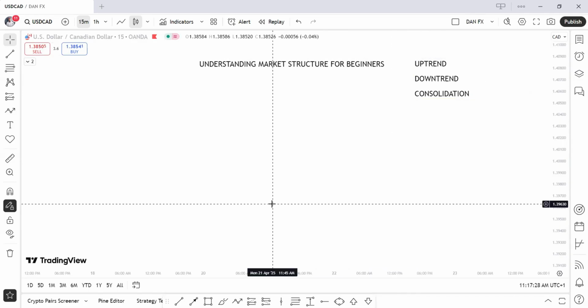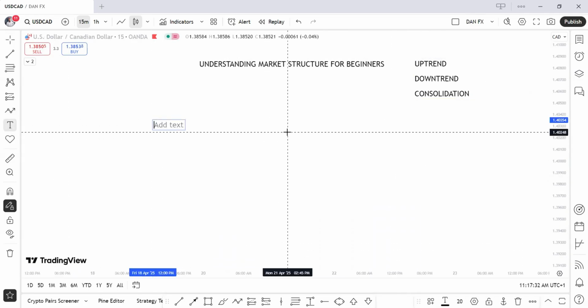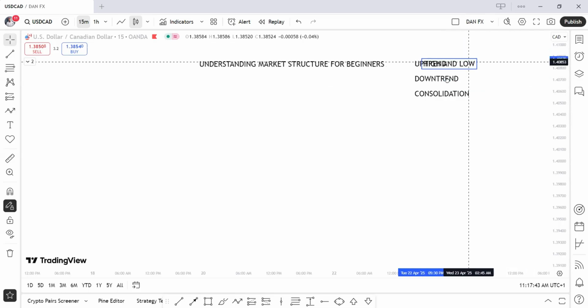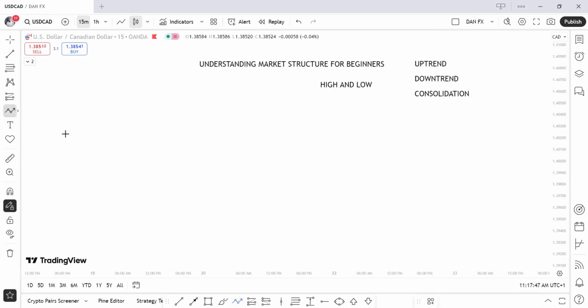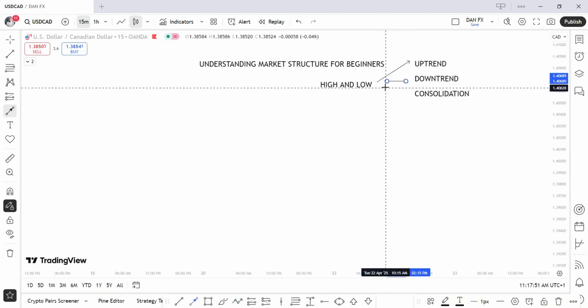An uptrend comprises two main features. You're going to have a high and then you're going to have a low. A high and a low exist in all three phases: uptrend, downtrend, and consolidation.